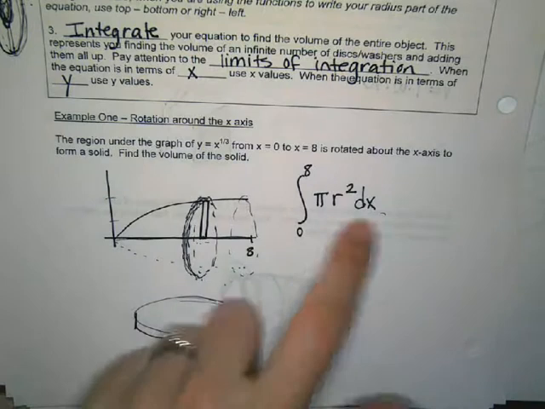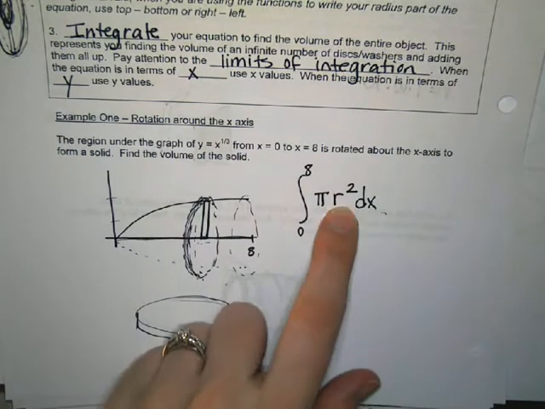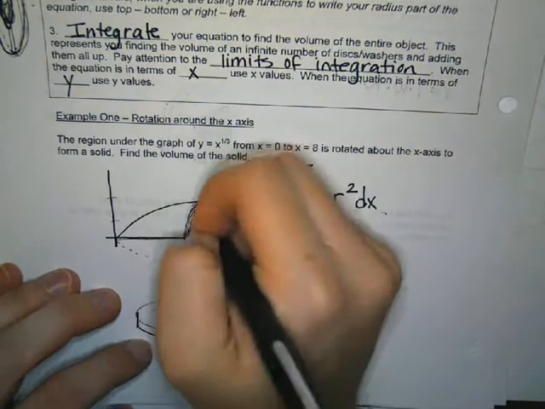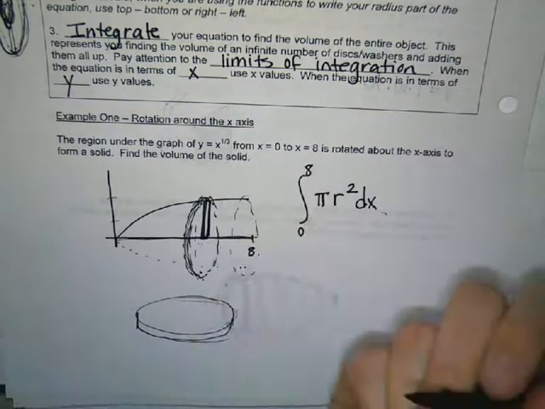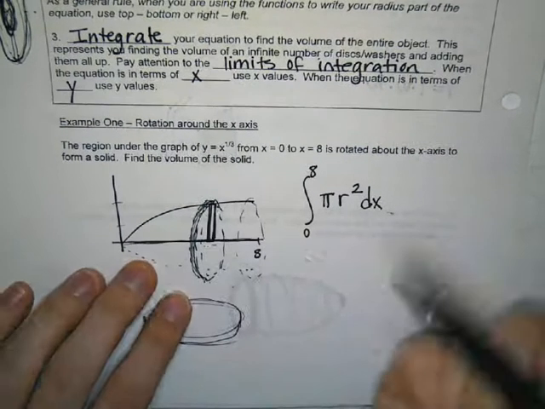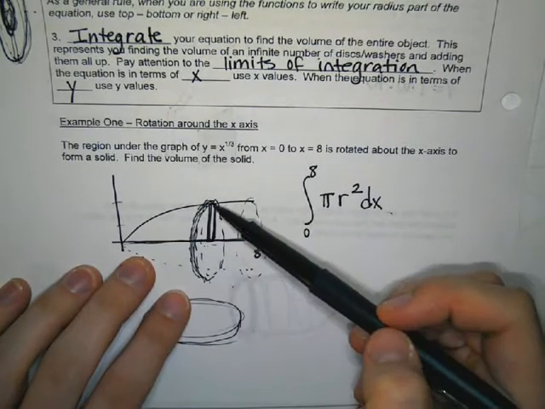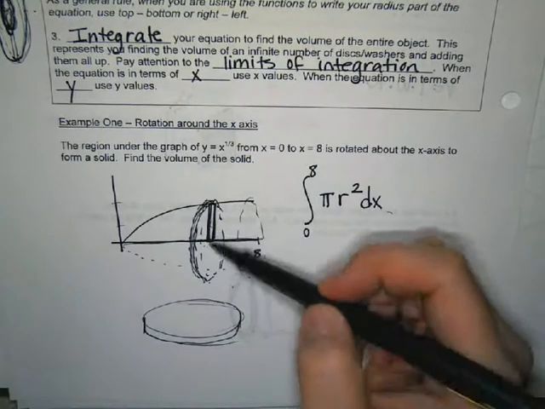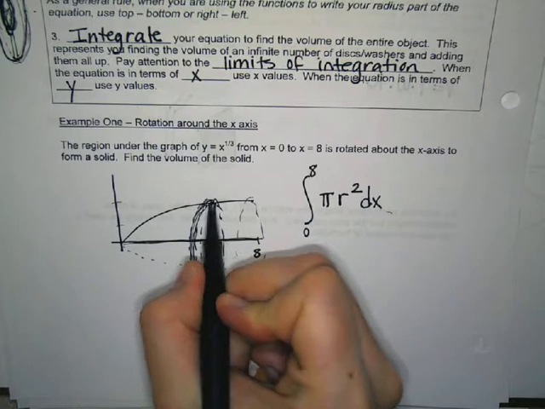Alright, now I can't integrate this yet because not everything's in terms of the same variable, so I have to replace that r with something. And that rectangle that you draw in helps you because that rectangle is going to represent the radius. So, since we're working with a vertical rectangle here, to write the radius, you're going to take top minus bottom.